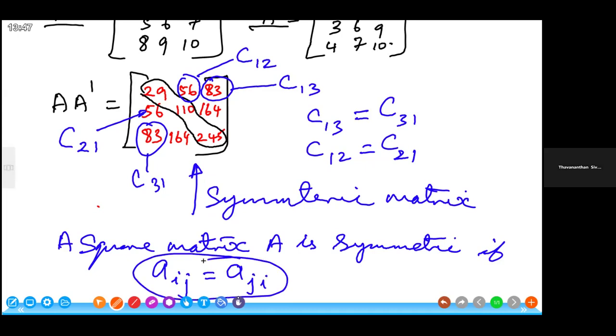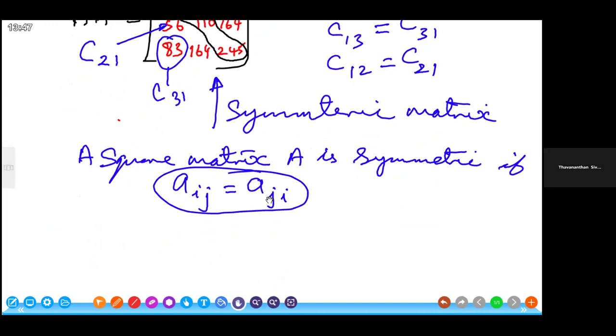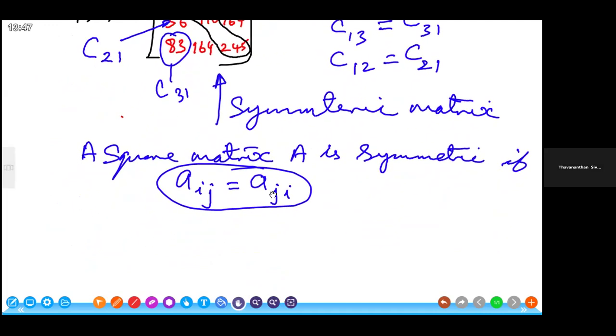Then we call it a symmetric matrix. Right? So when you multiply A with A transpose, it will produce a symmetric matrix. A into A transpose will produce a symmetric matrix.